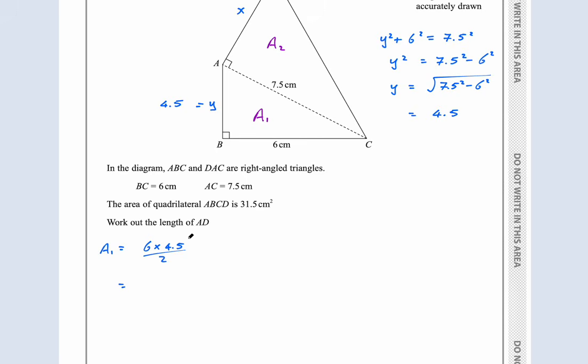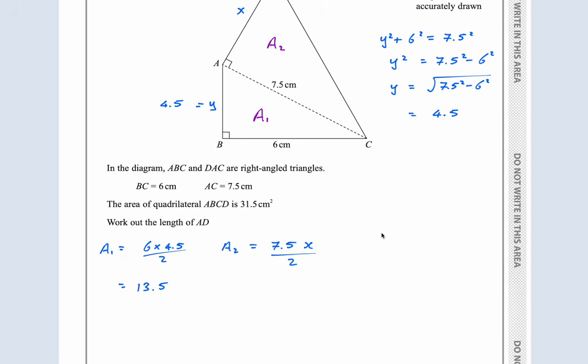That's just 3 times 4.5, which is 13.5. You can use your calculator, guys, but I can do that in my head. That's 13.5. And then area 2 is going to be base, which is the 7.5, times x, because it's base times height. Now the x is what we don't know, 7.5x over 2. Okay, so that's area 1 and that's area 2.